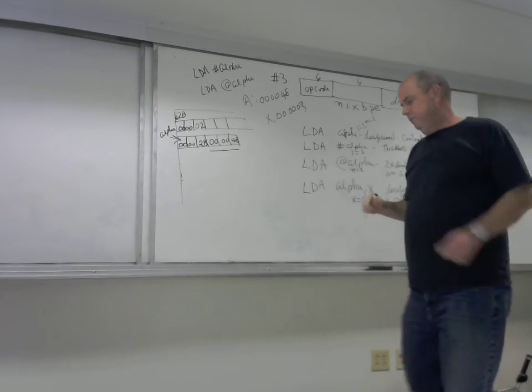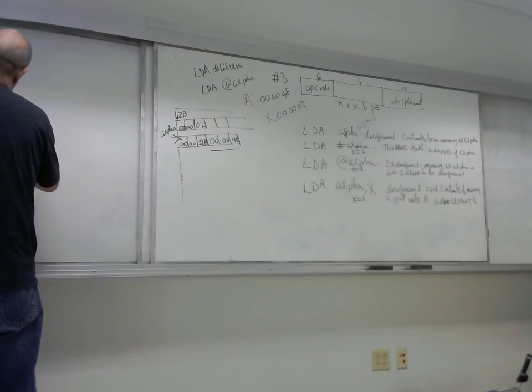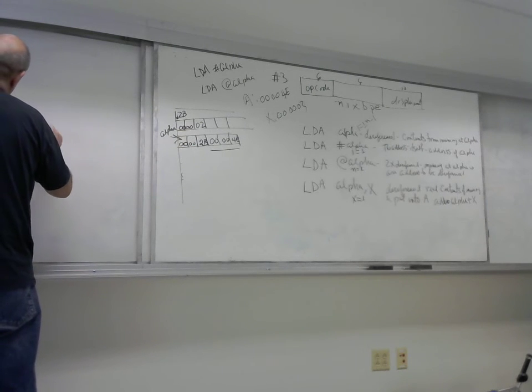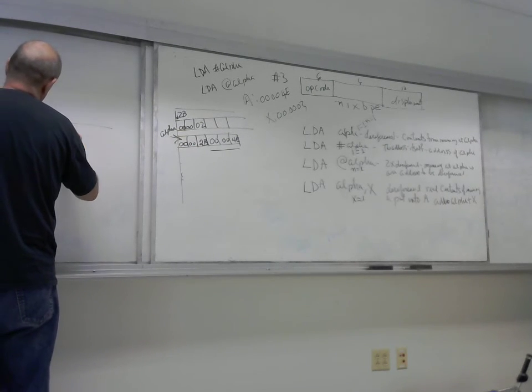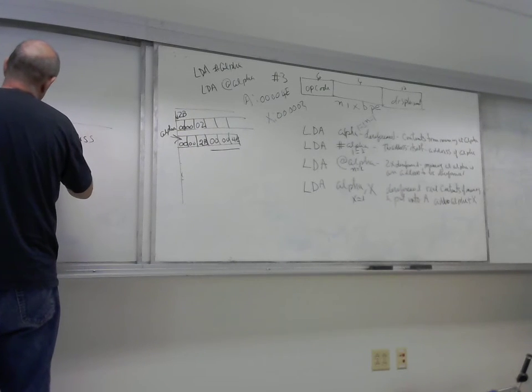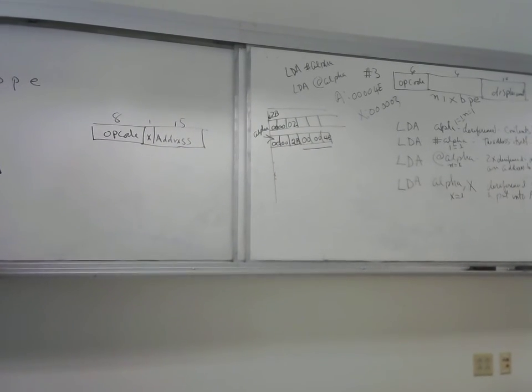Okay, we have this other format we talked about in the beginning. We have 8 bits for an opcode, and we have a 20-bit address with the X bit, 15, 1. This is the form.